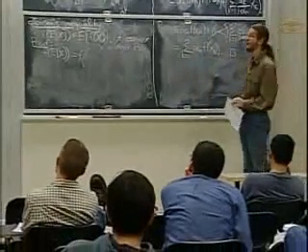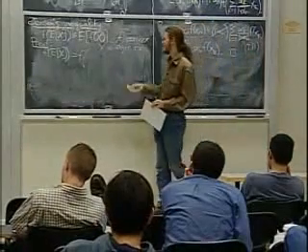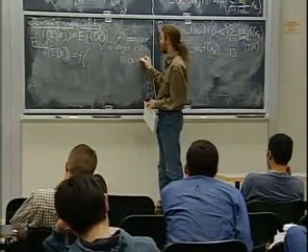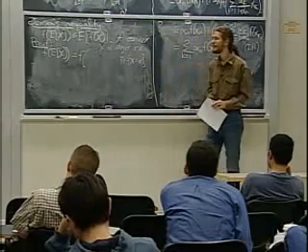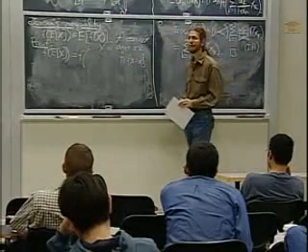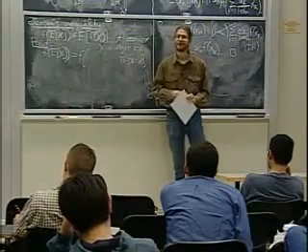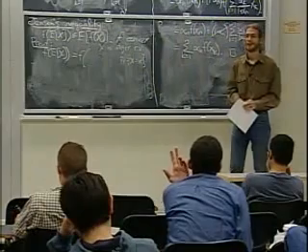Well, expectation has something to do with probability, right? So I should be looking at something like the probability that x equals some value x. That would seem like a good thing to do. What else goes here? A sum, yeah.